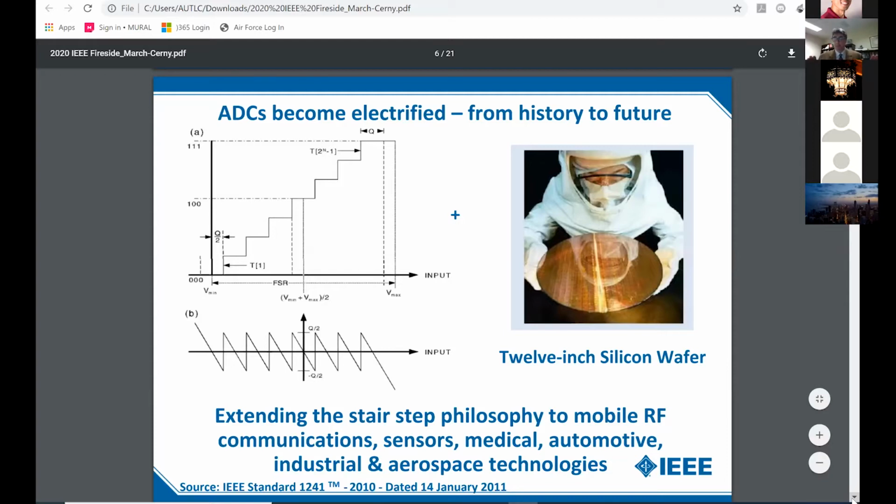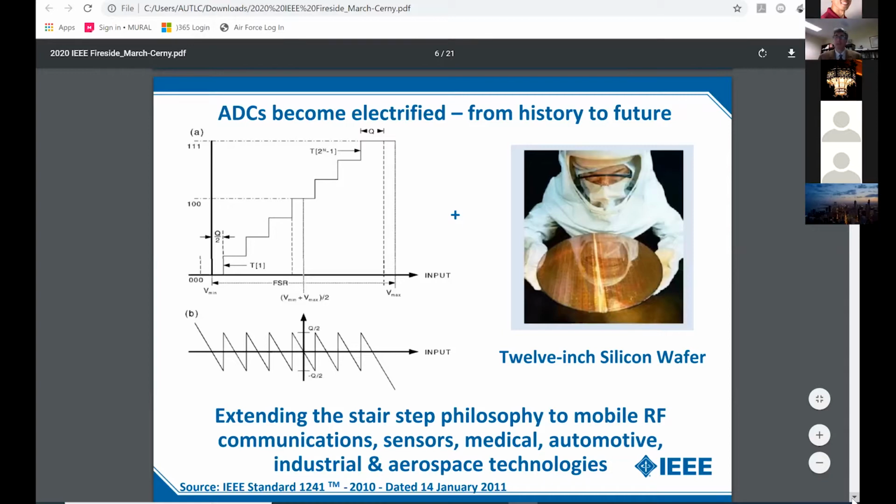And of course, in an electronic circuit, they are bounded by a lower voltage and an upper voltage, showing what they call full scale or FSR. And then as it's divided up into these quantized levels, you now have the representations in ones and zeros.